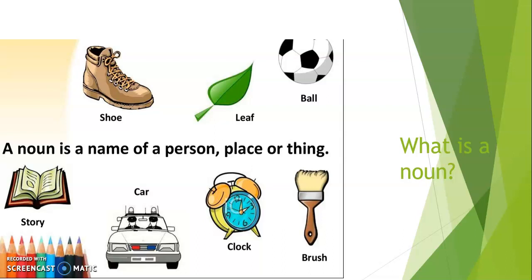Okay, so always keep in your mind a noun is a name of a person, place, thing, or animal. Can you see different pictures? Shoe, leaf, ball, brush, clock, car, story. These are the names of things. Same, we can have the names for person, for place, for animals.